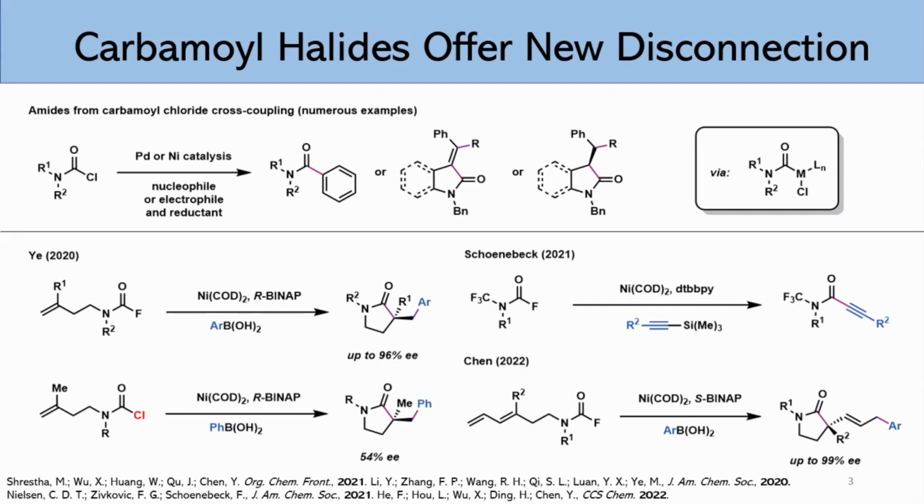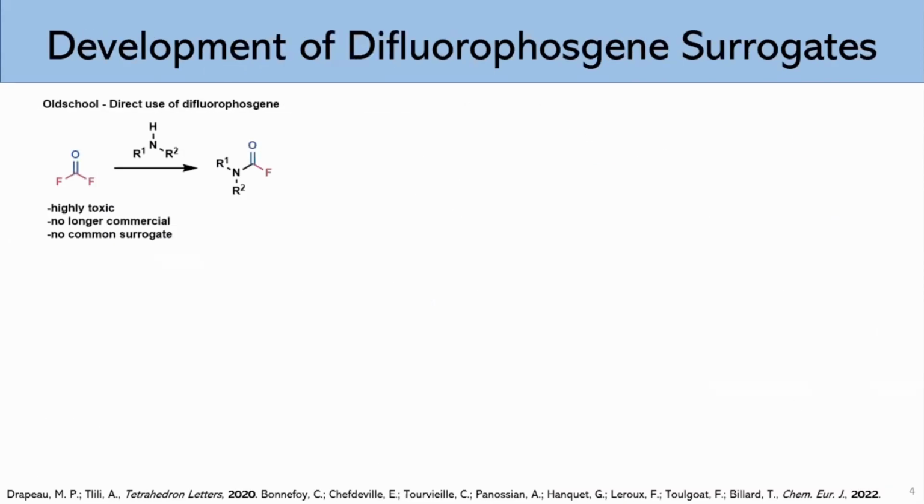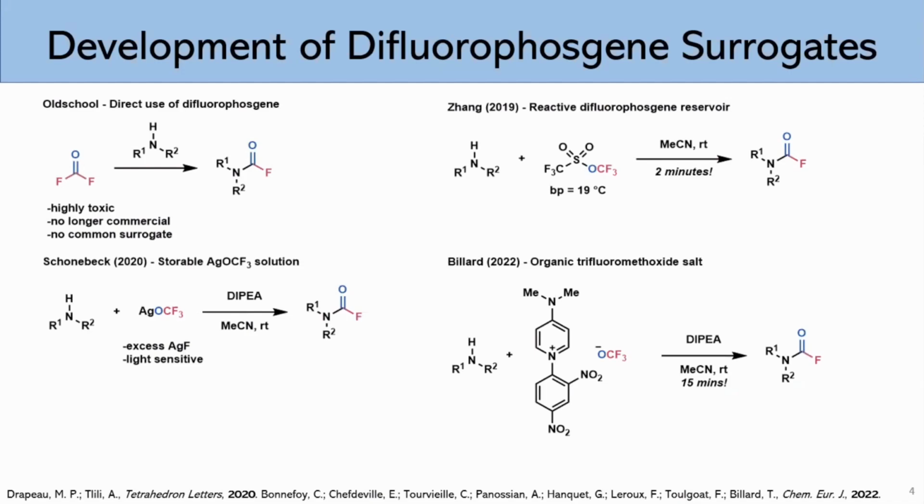Are there any issues with unreacted difluorophosgene from the stable generators of it? No one has any explicit warnings of etching or anything. We included a warning in ours. These are all room temperature, the only one with difluorophosgene that you actually heat.